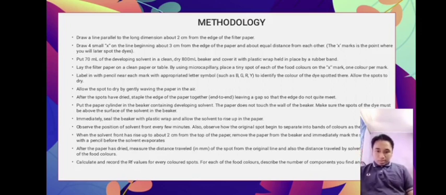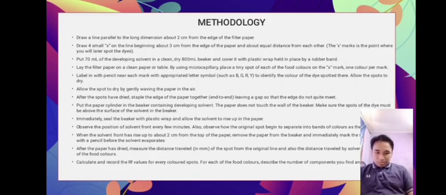Put the paper cylinder in the beaker containing developing solvent. The paper does not touch the wall of the beaker. Make sure the spot of the dye must be above the surface of the solvent in the beaker.